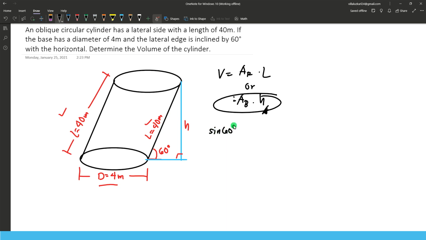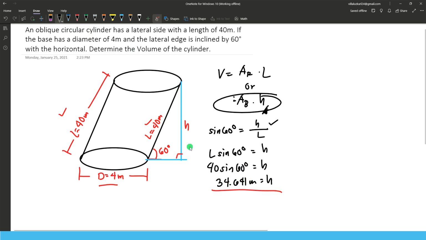Sine 60 equals the opposite, h, over the hypotenuse, L. We multiply both sides by L. We have L sine 60 degrees equals h. Substitute: 40 sine 60 equals h. Therefore, h is 34.641 meters. That's your h here.